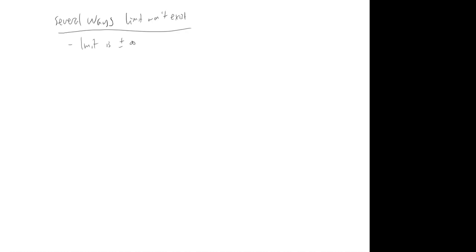I guess I never really defined what plus or minus infinity means, but if it's plus infinity, values get arbitrarily large, and minus infinity, values get arbitrarily small. I don't know if this is how you spell arbitrarily, by the way. Probably spelled it wrong. Okay.